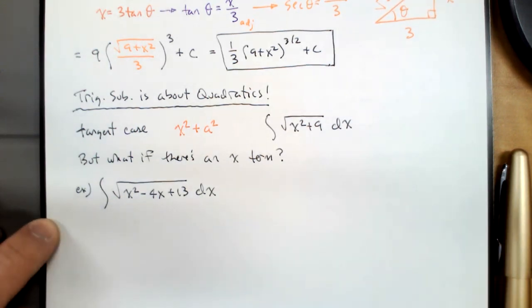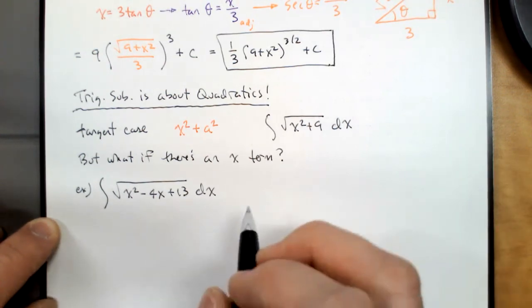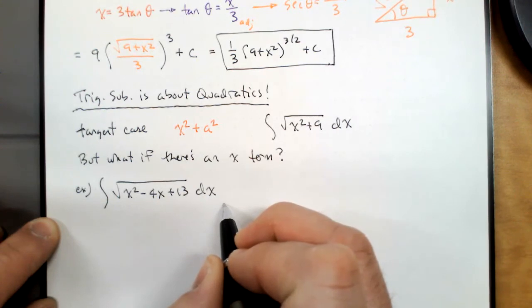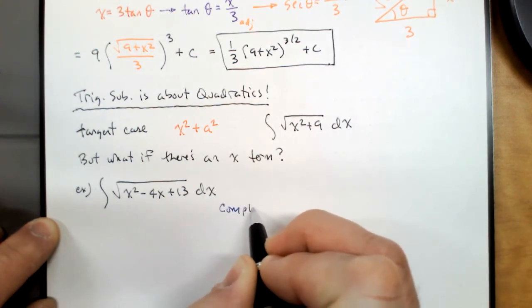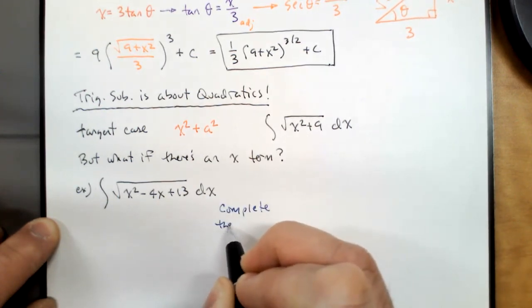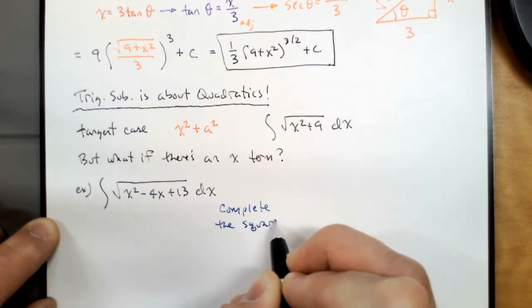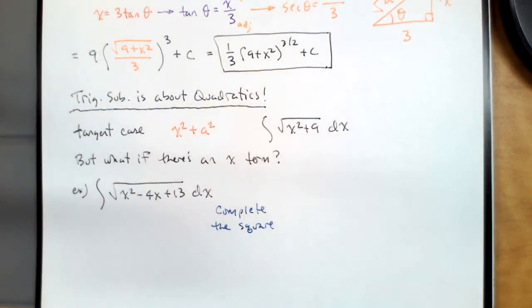So what we're going to do is we're going to read x squared minus 4x plus 13 as x minus 2 squared plus 9. Then it will fit our tangent case. We're going to complete the square.